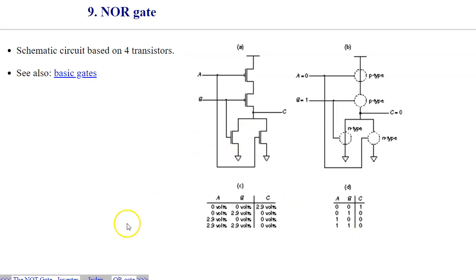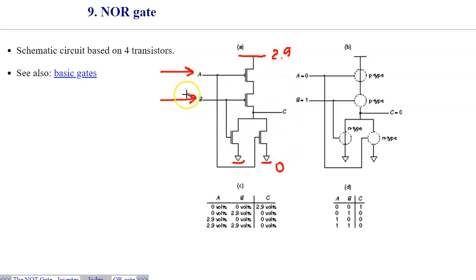In its implementation, a NOR gate takes two inputs, and you can see that two of the transistors here are in parallel and grounded, and the two other transistors are P-type and N-type transistors. These two transistors are connected sequentially, and they're connected to the wire that has a higher voltage, 2.9 volts, whereas ground is 0.